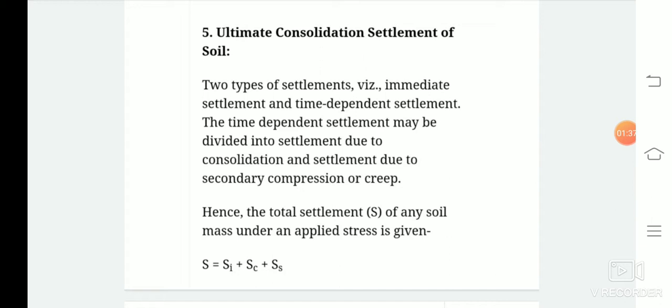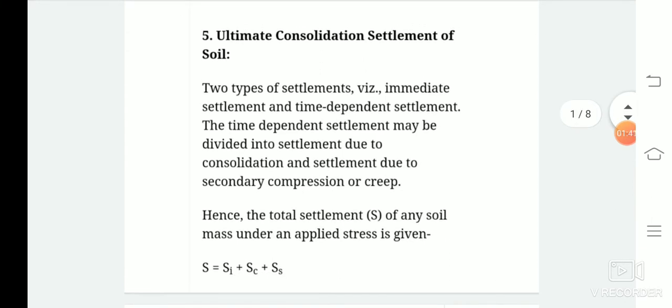But the time dependent settlement is the main settlement which should be studied in this chapter. That is the settlement which depends on time, and this settlement can be divided into settlement due to consolidation, that is primary consolidation, and settlement due to secondary consolidation or creep.